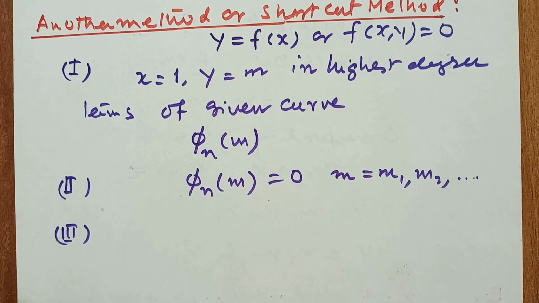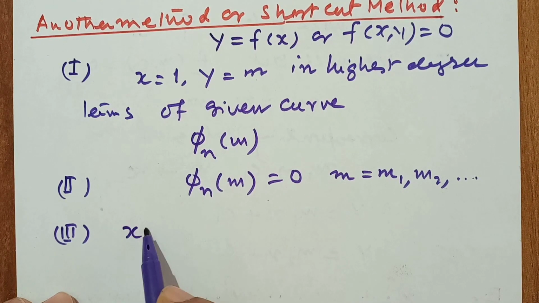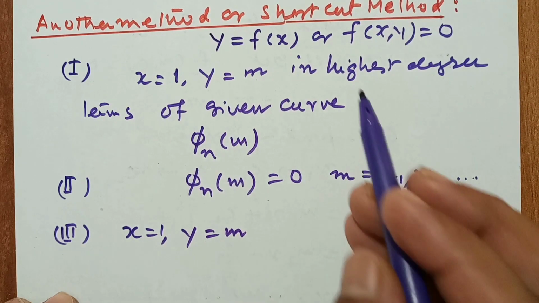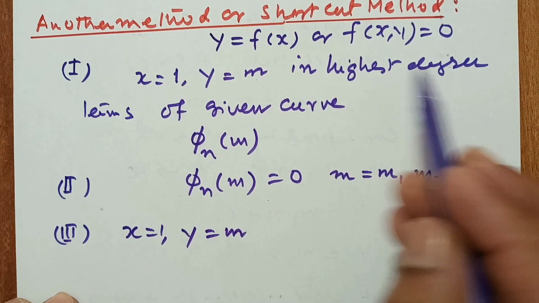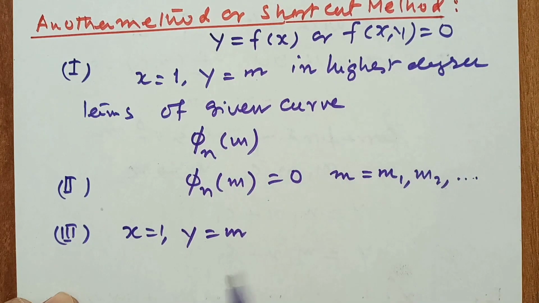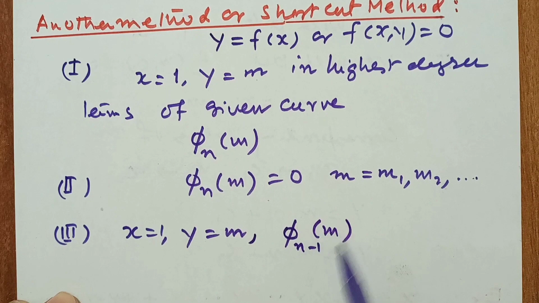Next step is we will put x is equal to 1, y is equal to m in the term of degree one lower than the highest degree, and we calculate phi n minus 1 m.